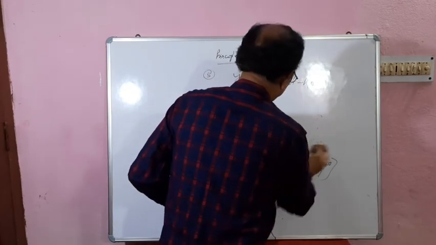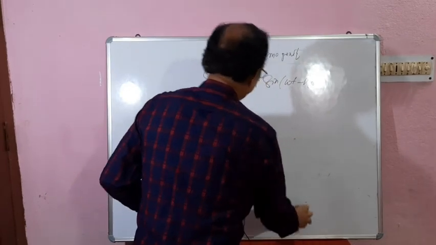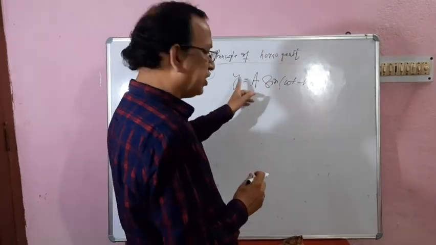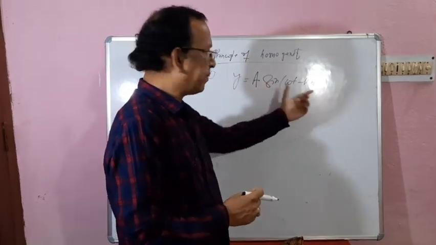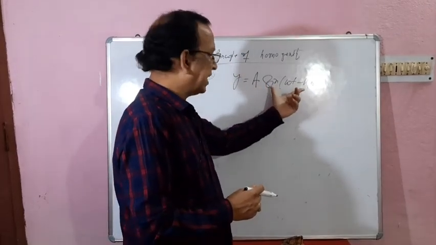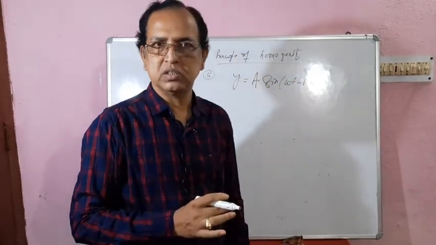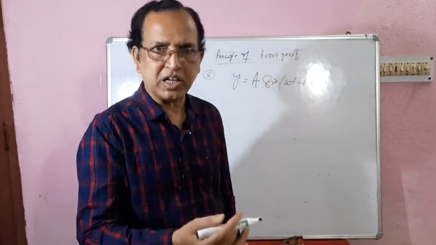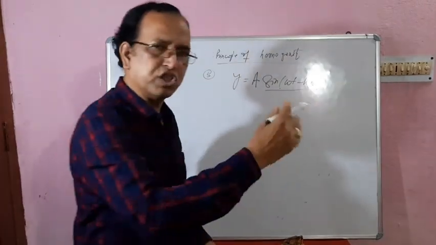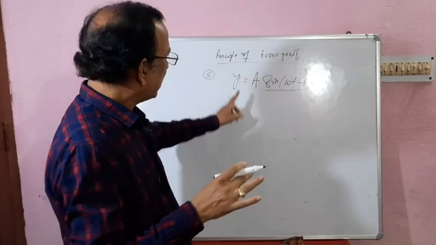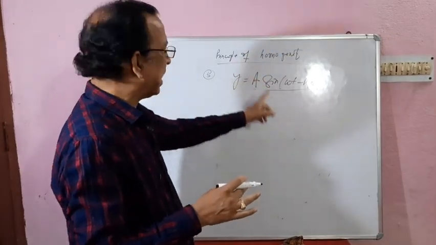What is the dimension of a? In this equation, y is equal to a sin omega t minus kx. Sin of something, that is sin of an angle. Suppose sin 60 is root 3 by 2, sin 30 is 1 by 2. So the result is a number which is dimensionless. So y is equal to a, so dimension of a is equal to dimension of y.